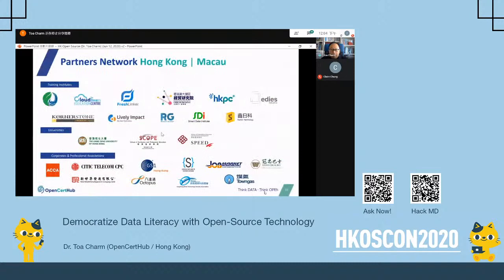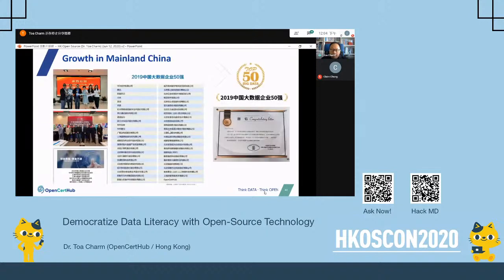And these are some partners in Hong Kong and also Macau, as you see, 20 household names, and many of them are in the big data area, in the AI area, and universities, and also training partners and corporates. In China, also, we got a very good momentum. We already got an award last year, one of the top 50 big data companies in China.